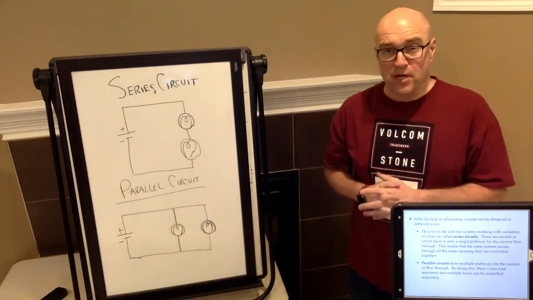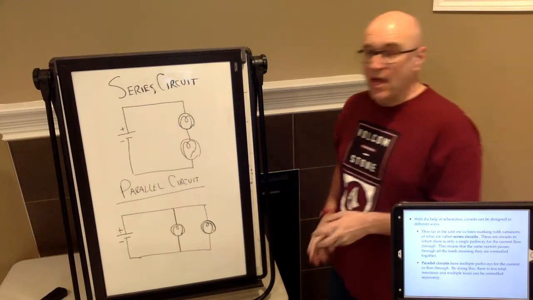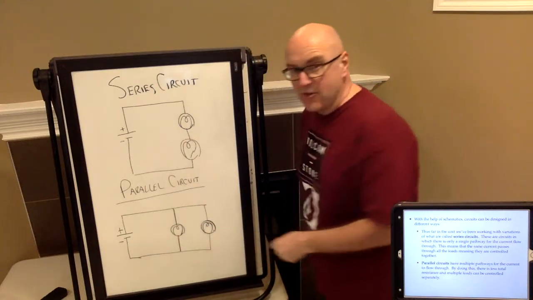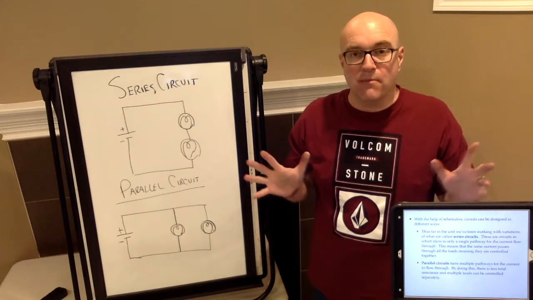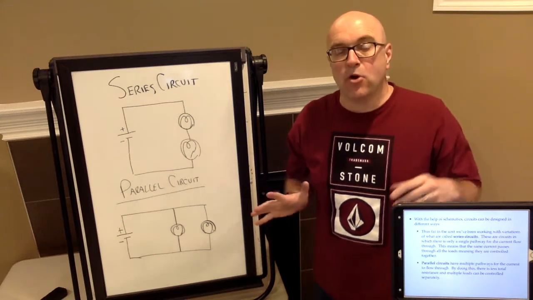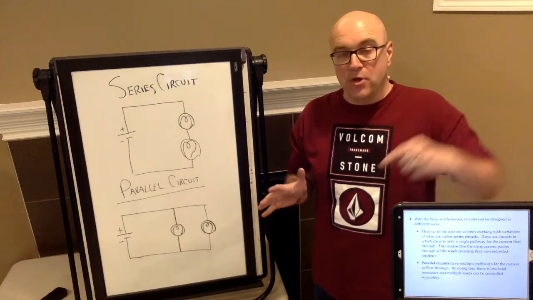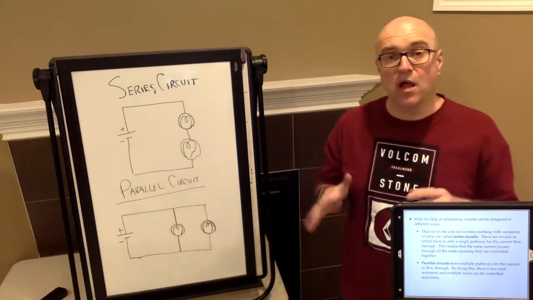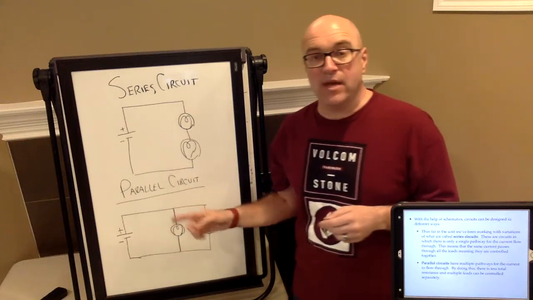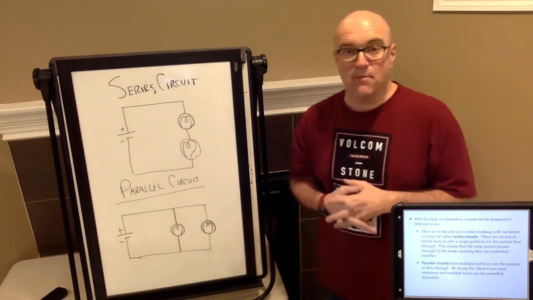In a parallel circuit, the electrons can choose different paths. The way I like to explain this is it's sort of like Mario Kart. There are some courses in Mario Kart where you can take a shortcut. You can take the main course, but if you really know the levels well, you can take another route that might save you some time.